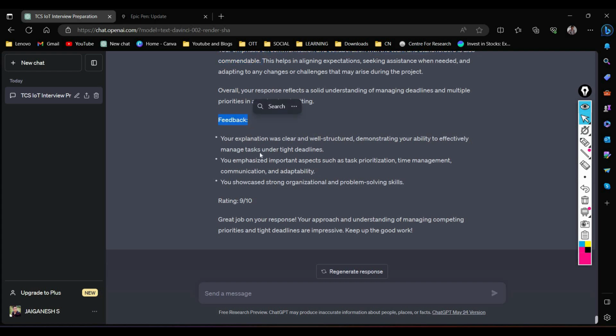This is a very important part which we were all interested in. Your explanation was clear and well structured, demonstrating your ability to effectively manage tasks under tight deadlines. It has also emphasized important aspects such as task prioritization, time management, communication, and adaptability, and that we have showcased strong organizational and problem solving skills.